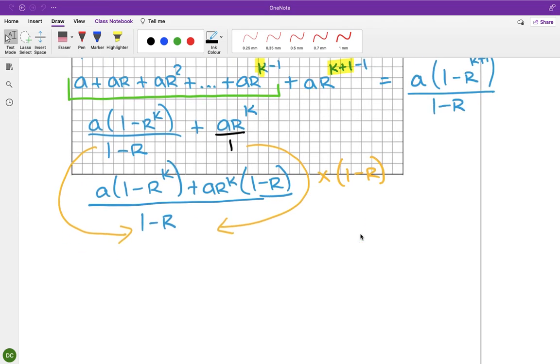I don't really know, so I'm going to multiply it out distributively, like this way, and see what I have. So a by 1 is a, by r to the k is just ar to the k. Plus ar to the k, then going into the second bracket. Oh no, what do we do with this?